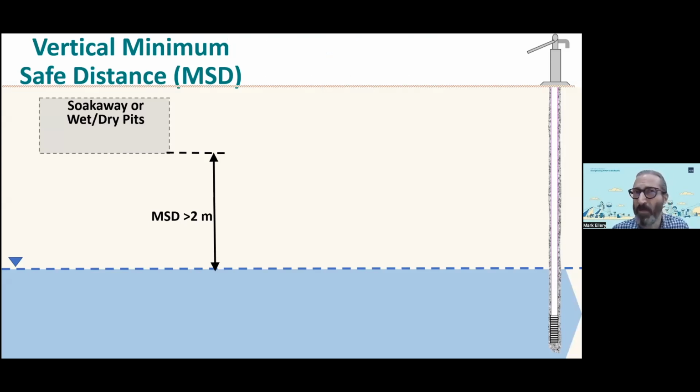So the WHO back in the 1980s defined this minimum safe distance between a pit and a water source as 2 meters vertically, or 2 meters in unsaturated soil. But where does this 2 meters come from?